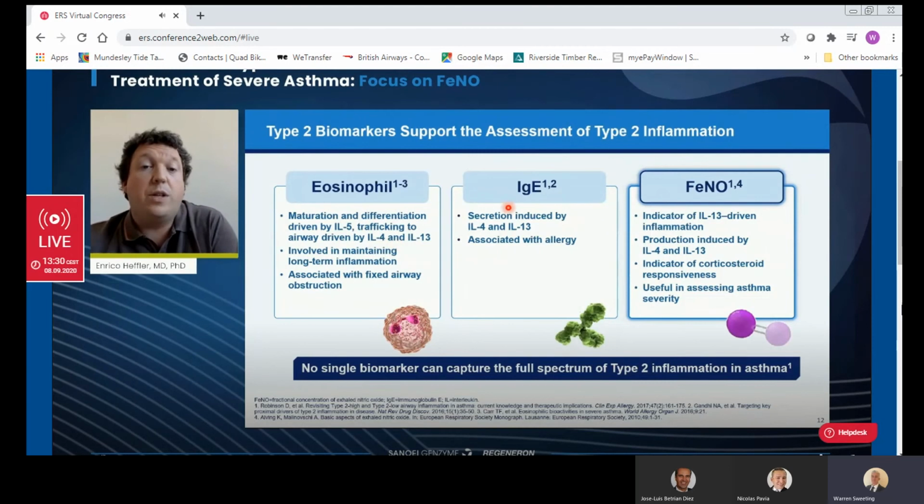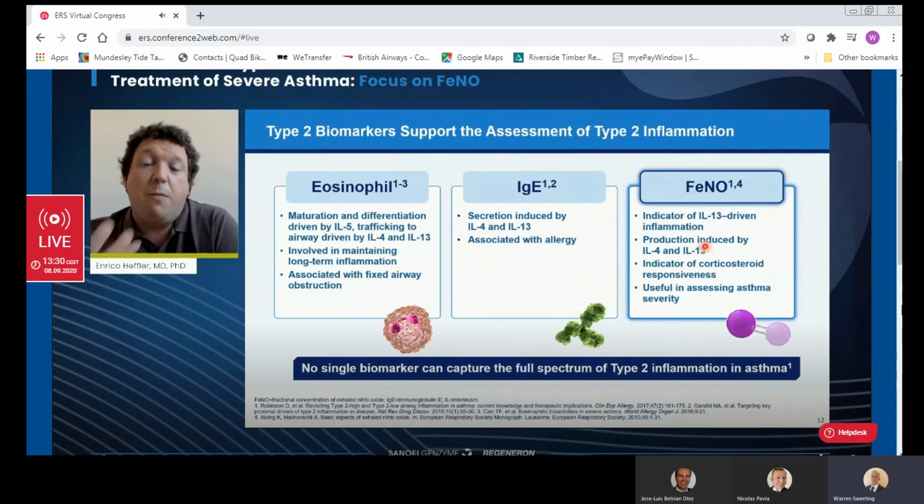IgE also, of course, but IgE is much more associated with the allergic phenotypes, and type 2 inflammation is not always allergic, so the allergic phenotypes of asthma are type 2, but not all the type 2 phenotypes of asthma are allergic.